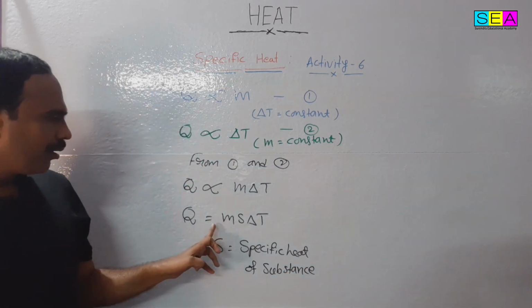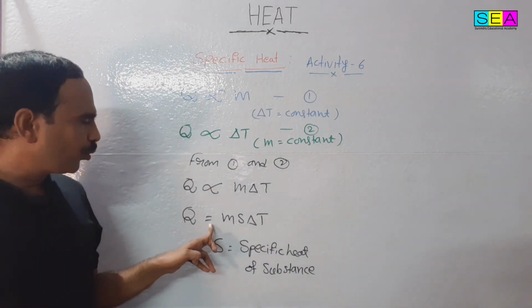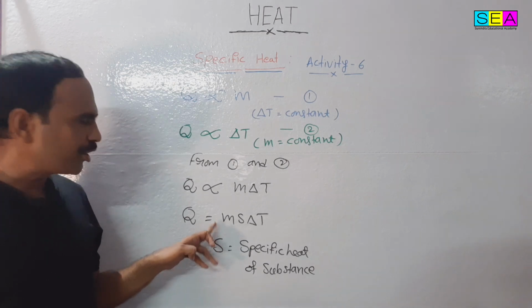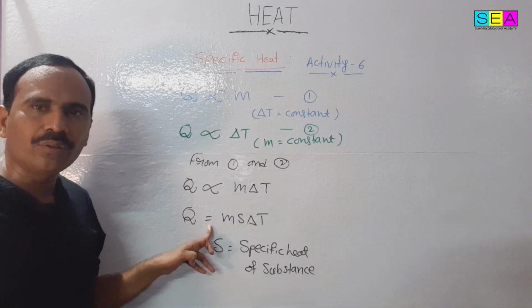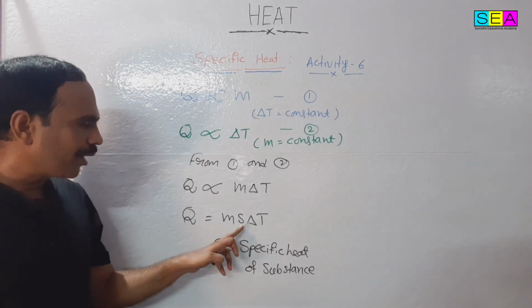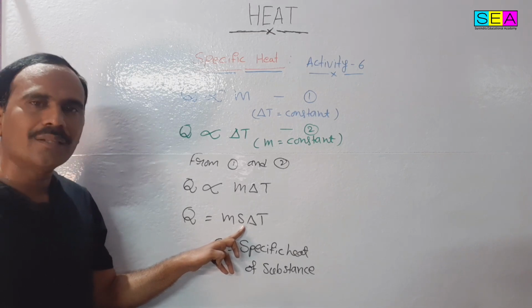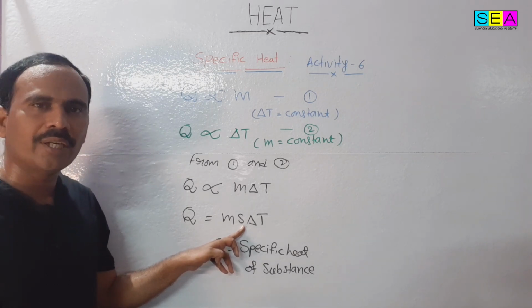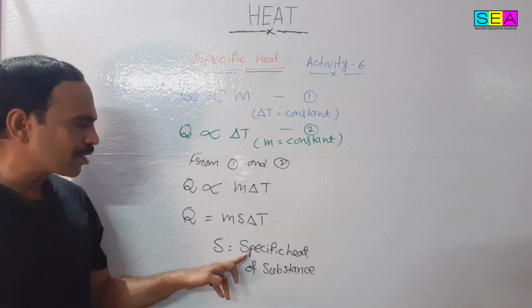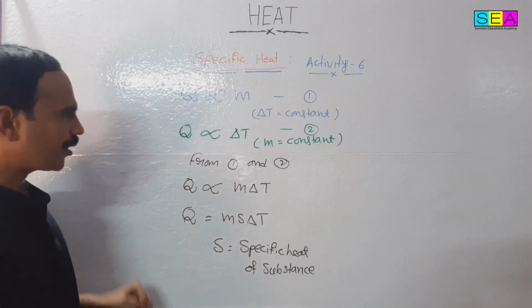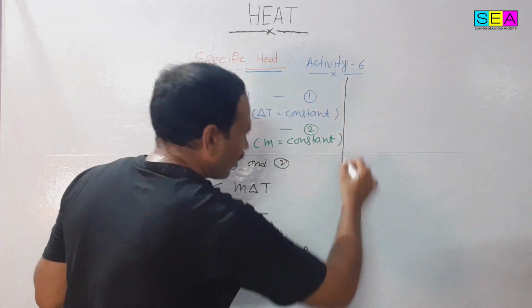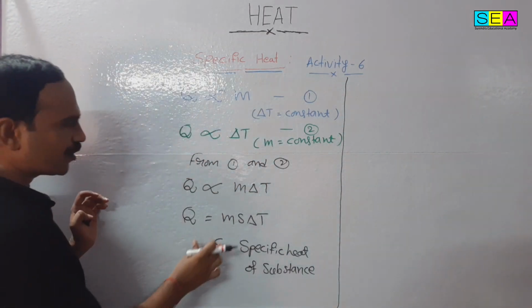To remove the proportionality and write the equals sign, we have to place a constant value. Here I am writing S, the proportionality constant. So S is called the specific heat of the substance. From this equation we can write the equation for the specific heat.